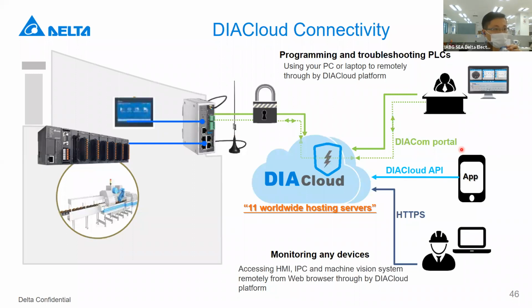At the other side, people can access the data from a laptop, mobile phone, or software like a SCADA system. It's all workable. And I think right now we have up to 13 worldwide hosting servers all over the world.